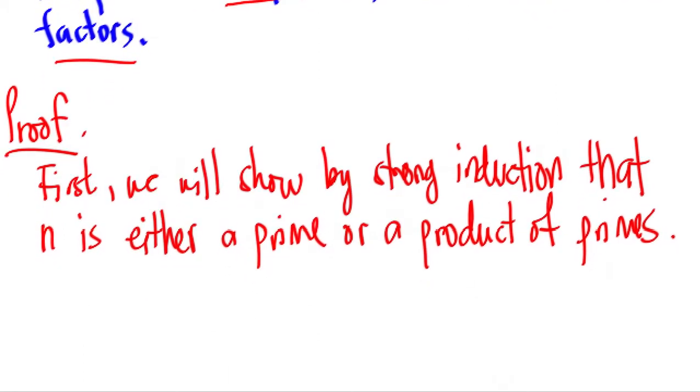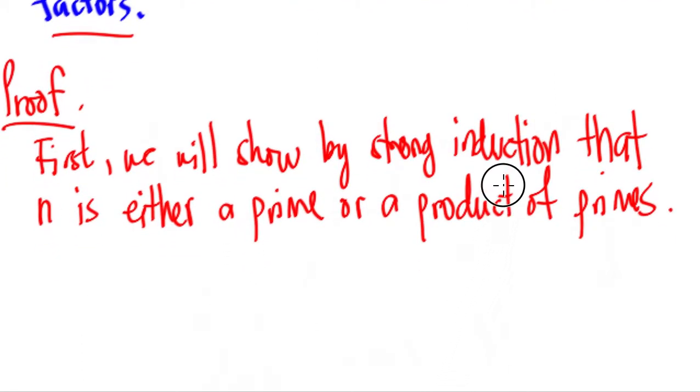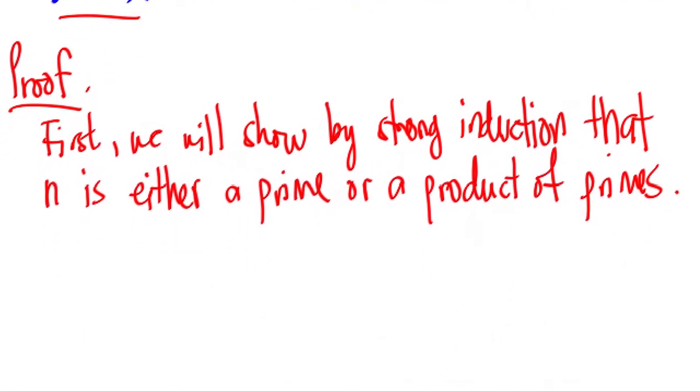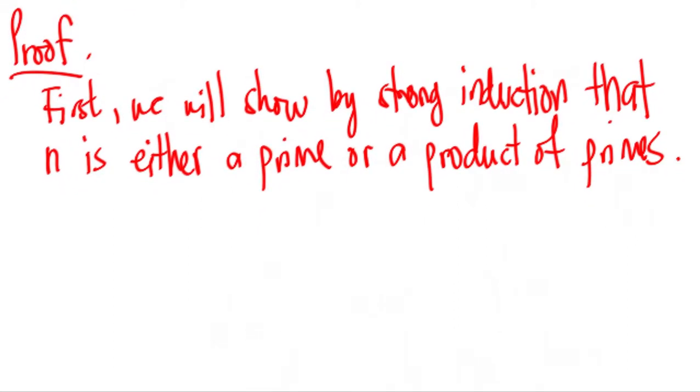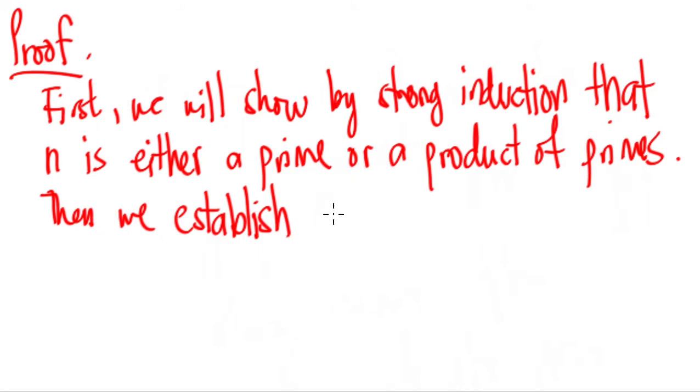Next part of the proof is that we're going to establish the uniqueness of such factorization, meaning there's no other factorization except that.